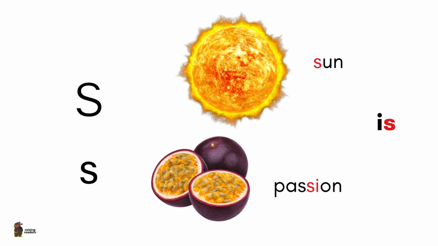So the S and the I are making the sh sound together, and that's cool. And then is, because we don't say is with an S sound, his and has, those little words make the Z sound, and we're going to learn them as a group. Has, is, his.